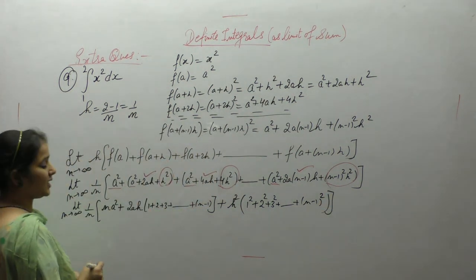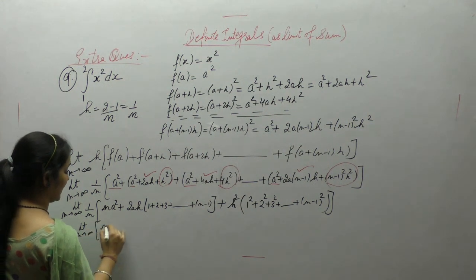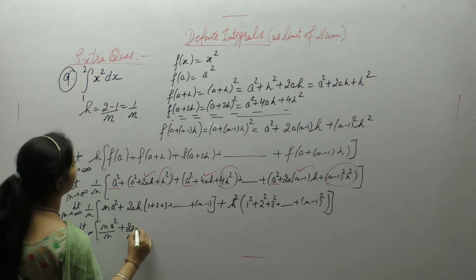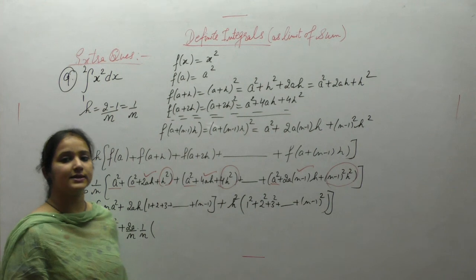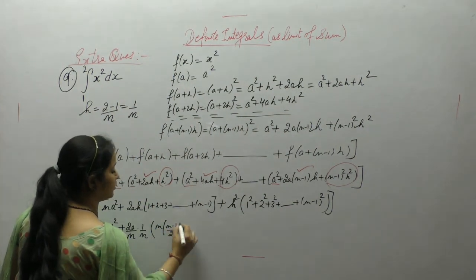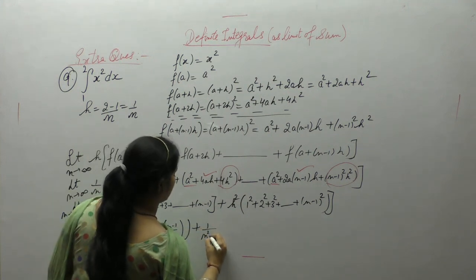Now apply the formulas. Limit n tends to infinity, n a square upon n, 2a by n. What is the value of h? 1 by n. Sum of n minus 1 terms of AP, n minus 1 by 2, plus h square is 1 by n square.